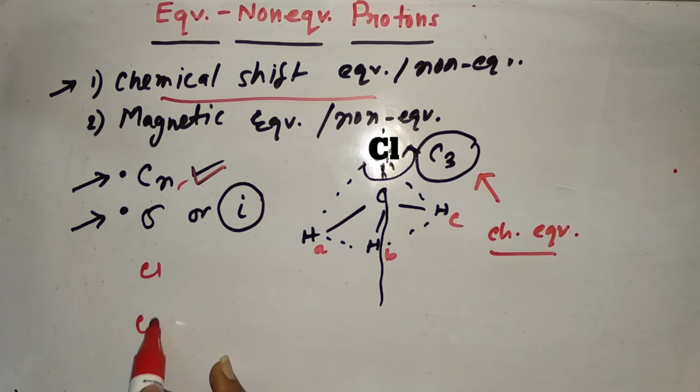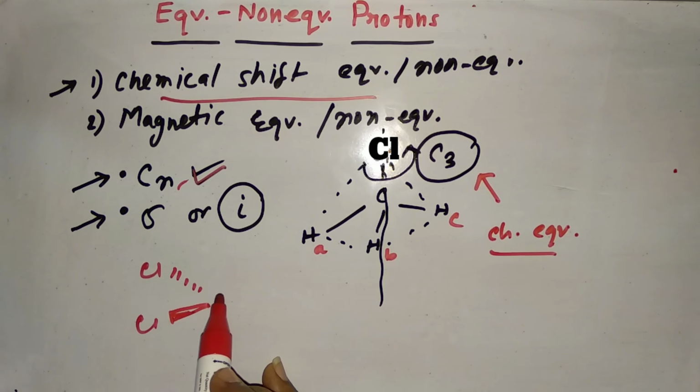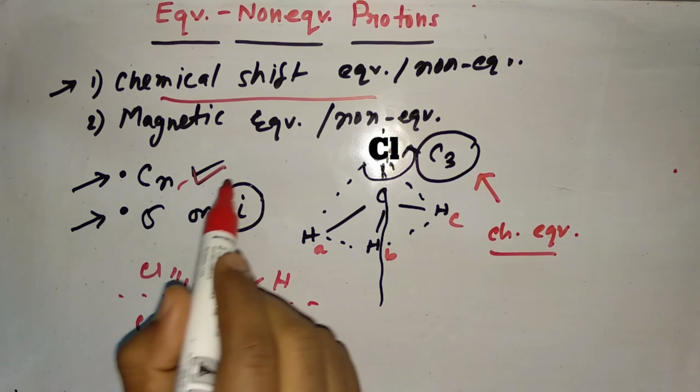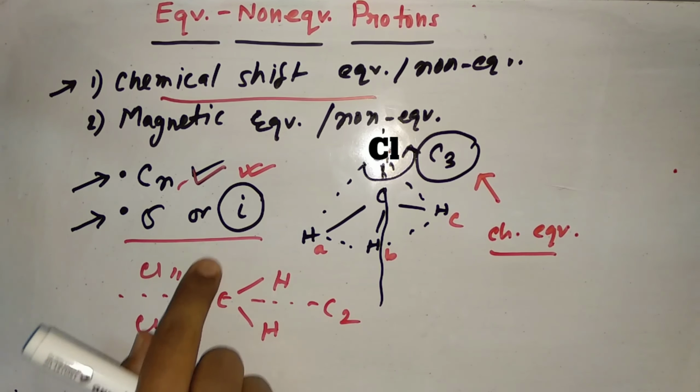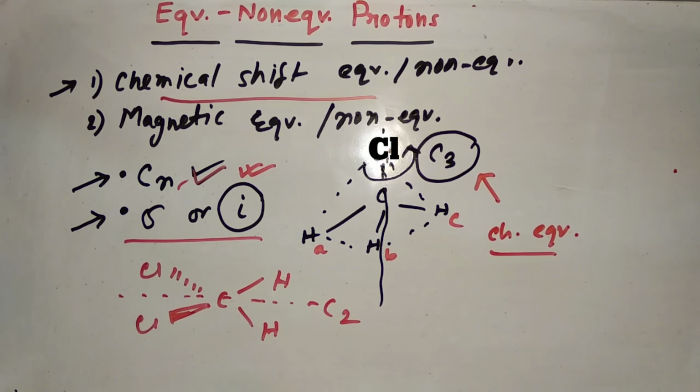Next, talk about another example like this. This is Cl, this is Cl, this one is below and this one is above the bond, and there are another 2 hydrogens right here. Here also you can find Cn; I am just giving an example on Cn. Next I will be discussing sigma and I. Here also a C2 axis of symmetry is present, because this is above, this is below, and these two hydrogens are on the same plane of the board.